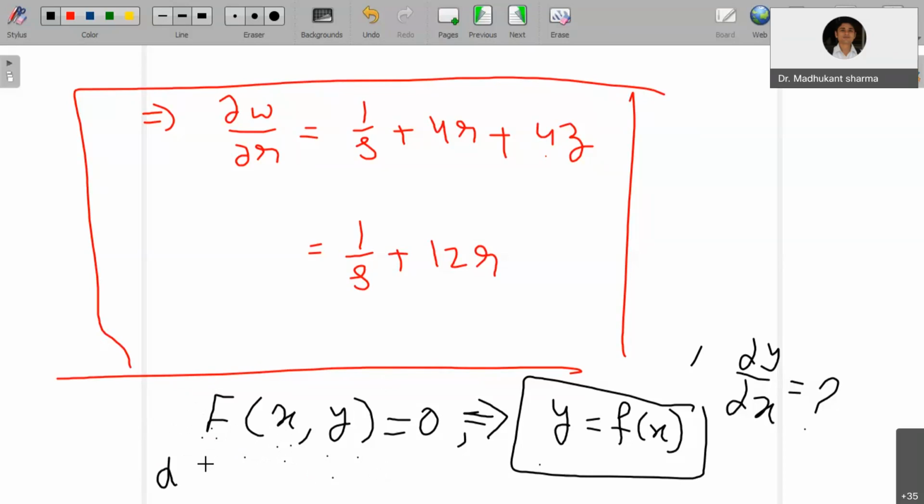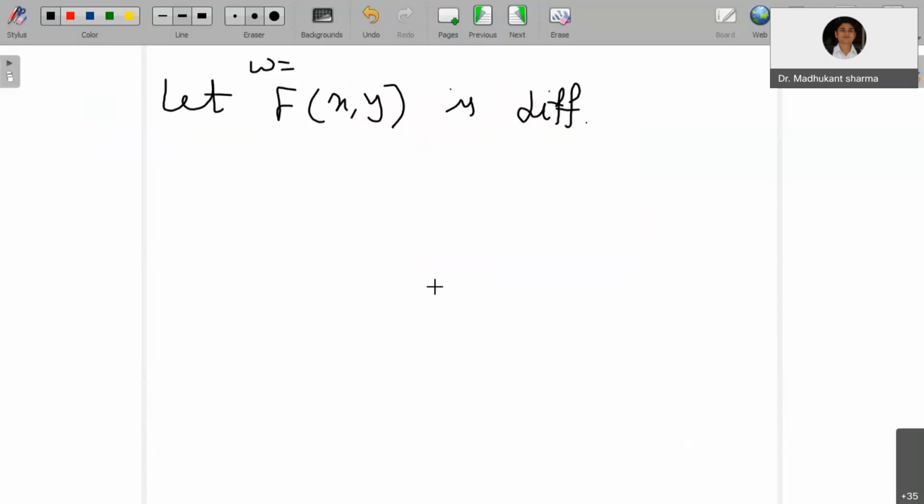Let me have another page. Let w equal f of x comma y, which is differentiable. Now I'm interested in finding the derivative of w with respect to x.